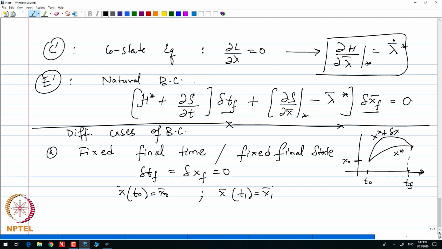Then the next condition that we can describe is, let us say, fixed final time but variable final state. Which means that the variation in time is 0, but the variation in the final state variable is not.